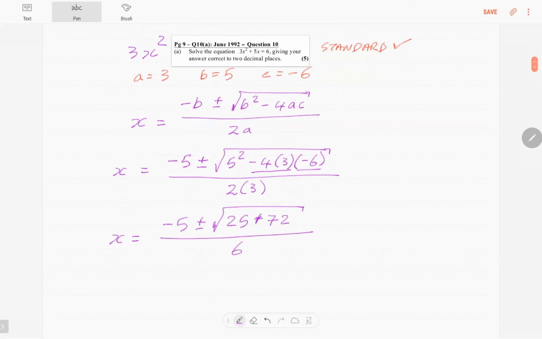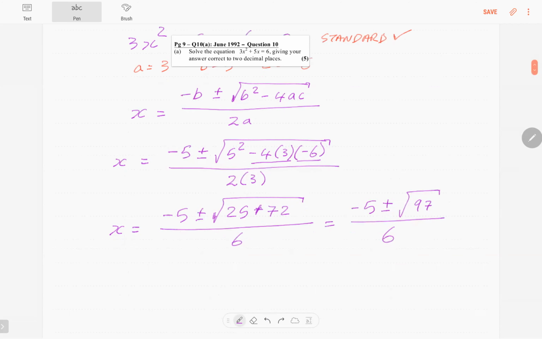All over 6. All right, and so we can write it out now as negative 5 plus or minus the square root of, what is that now, 97, all over 6. So you're going to get one root with the plus and the other root with the minus. That's how we get the 2 roots.